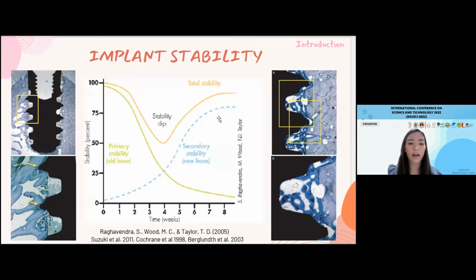If the decrease rate of primary stability is more rapid than the elevation rate of secondary stability, the overall stability is lessened to the lowest point, the stability dip. The average peak of the stability dip is at 4 weeks. The primary stability and secondary stability show an inverted relationship.